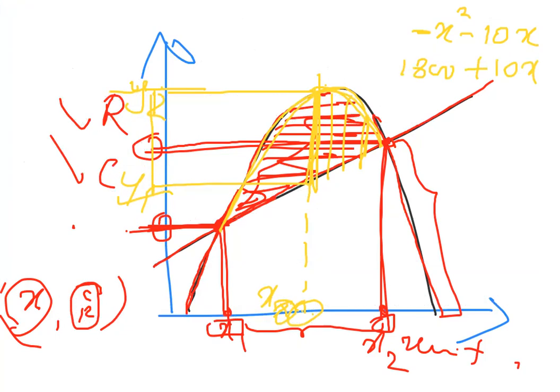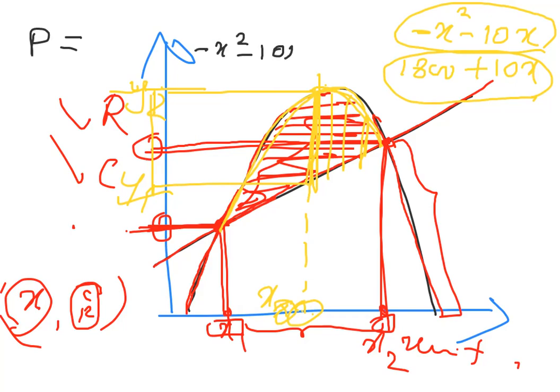When deducting this cost from the revenue function, we can get the profit function. So shall I write here P equals, deducting this one, minus x squared minus 10x minus 1800 and minus 10x.